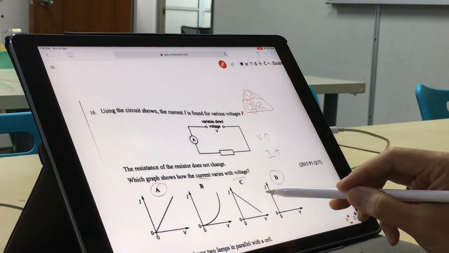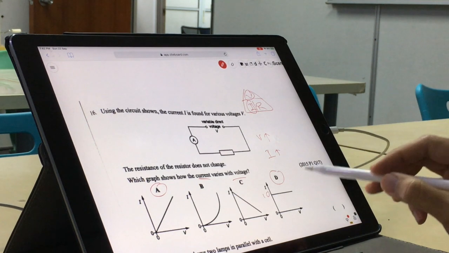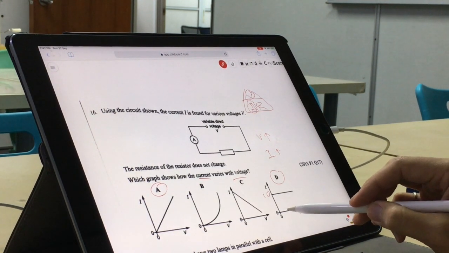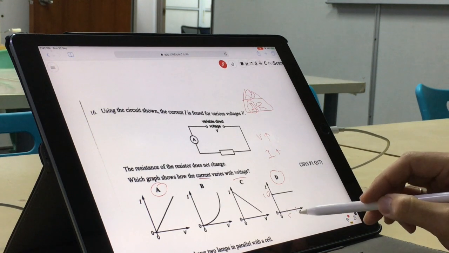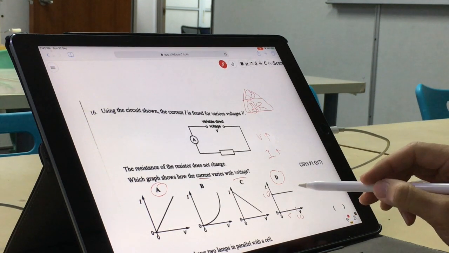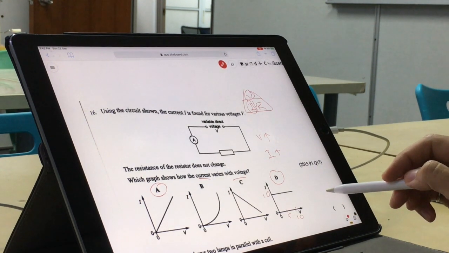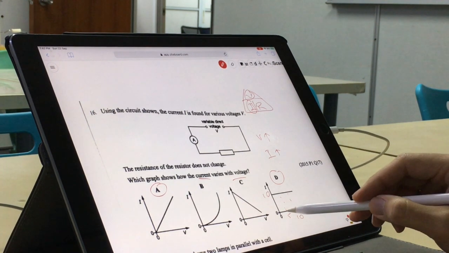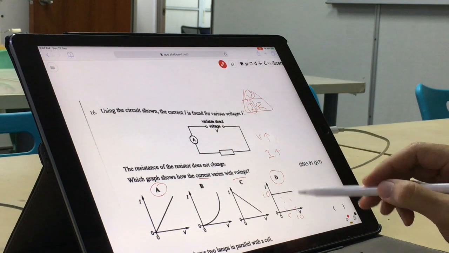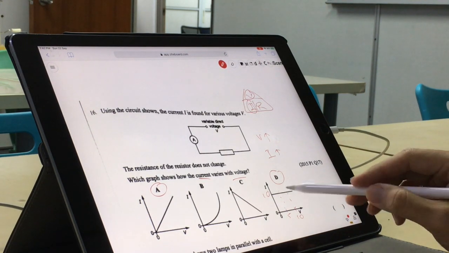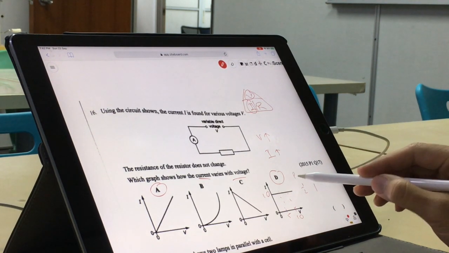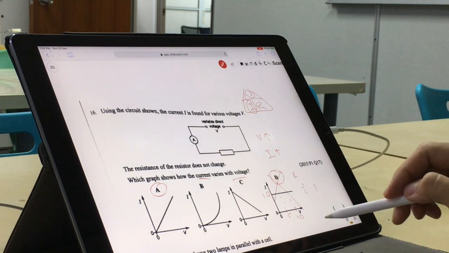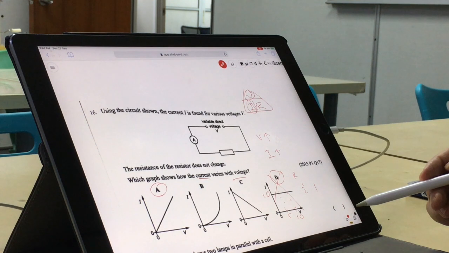Let's say I is 10, then my voltage keeps changing, 5, then 10. My R keeps changing in this case. If I take 5 divided by 10, I get half. 10 divided by 10, I get 1. The R keeps changing. So it cannot be D.